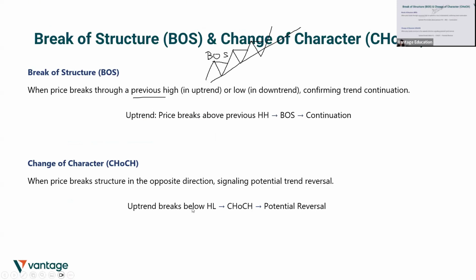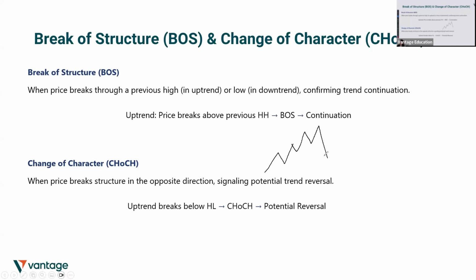Whenever the trend breaks below the higher low, that is your change of character, a potential reversal. Let's just say price is in an upward bullish trend, making higher high, higher low, higher high, higher low, and continuing.